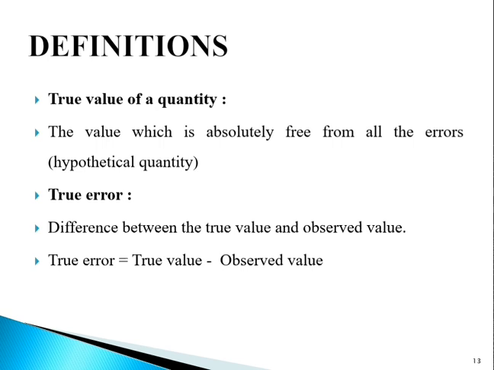It is a hypothetical quantity. Next is true error. The difference between the true value and the observed value is known as true error. True error is equal to true value minus observed value. As the true value of a quantity is never known, the true error cannot be determined.